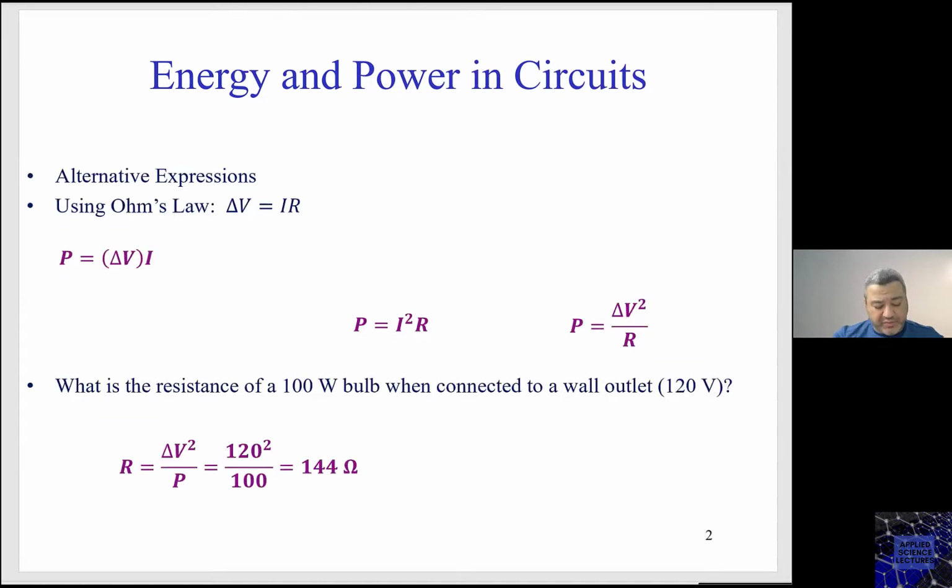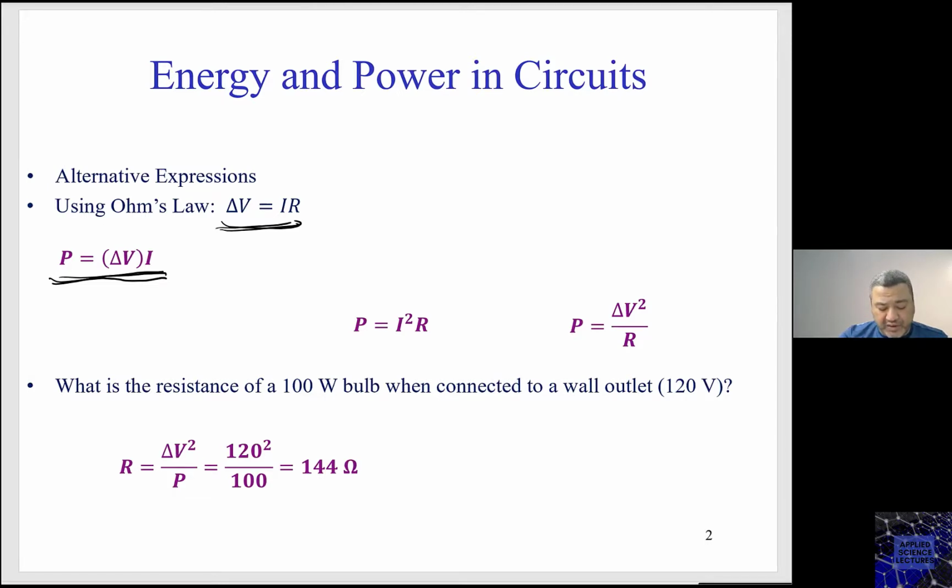So we saw the expression for the power, delta V times I, and this is from Ohm's law, right? We know that delta V is IR. Now we can use Ohm's law here to come up with more expressions of this power, writing the power in terms of the current and the resistor, or in terms of the potential difference and the resistor.